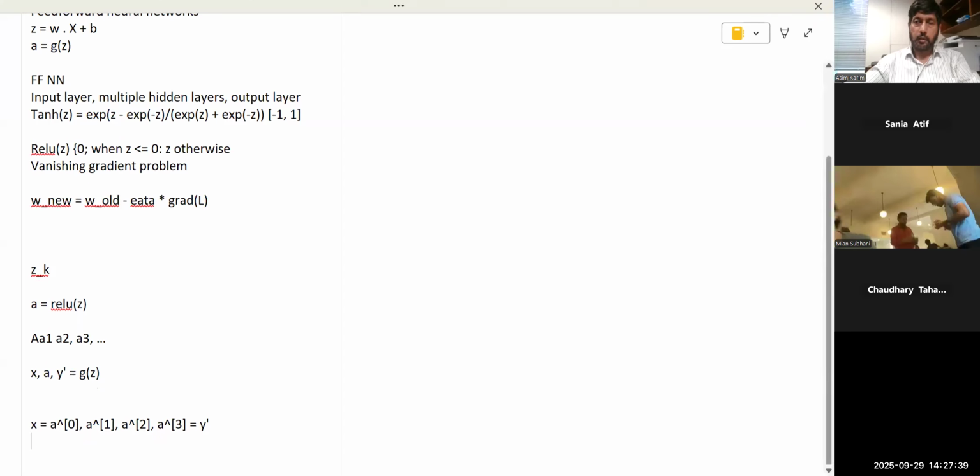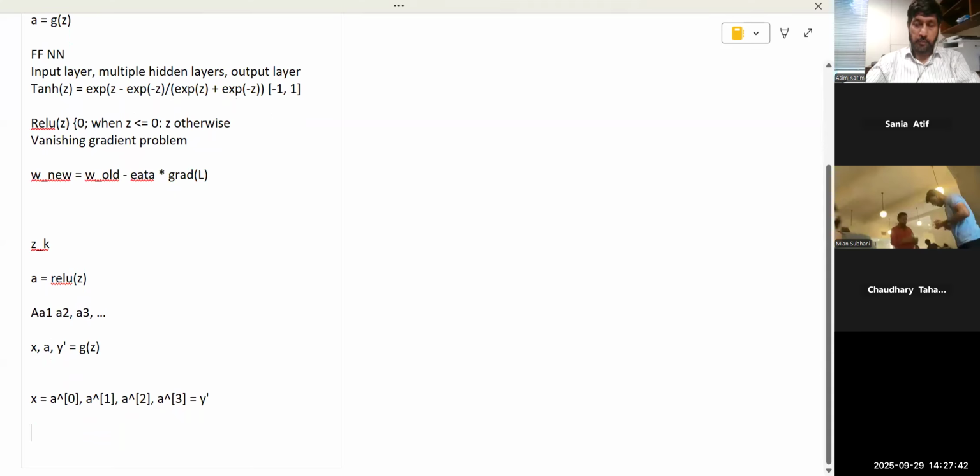So if you write it in this way, so हमारे पास इक्वेशंस क्या बनेंगी?